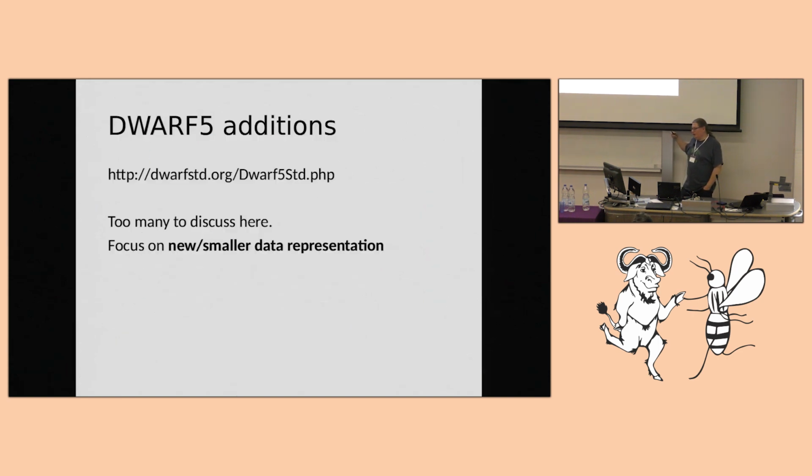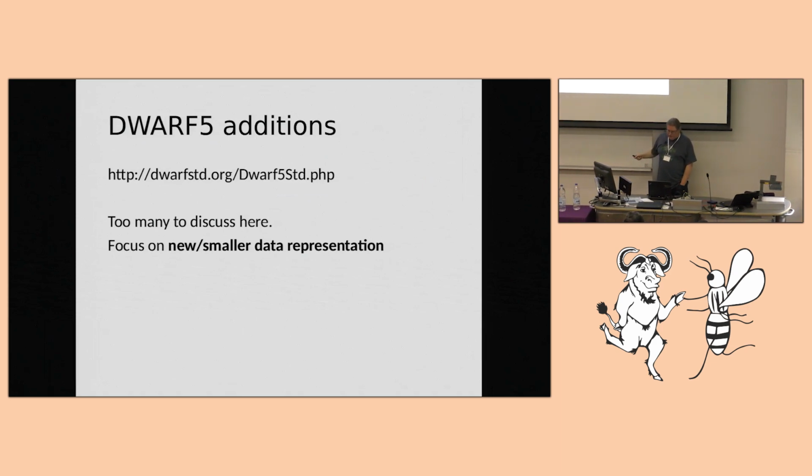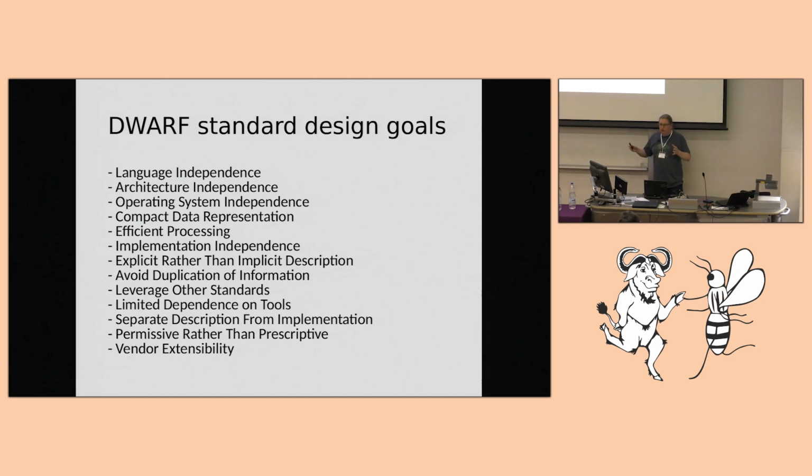So we can often try out some ideas as GNU extensions, and then they get folded into the standard in a more generalized form. One thing that's really nice about DWARF, and a bit of a problem, depending on how you look at it, is that it has a limited dependency on tools.